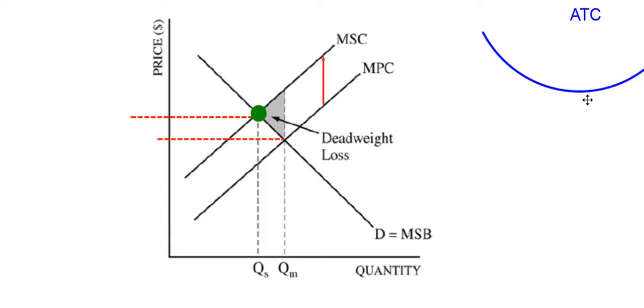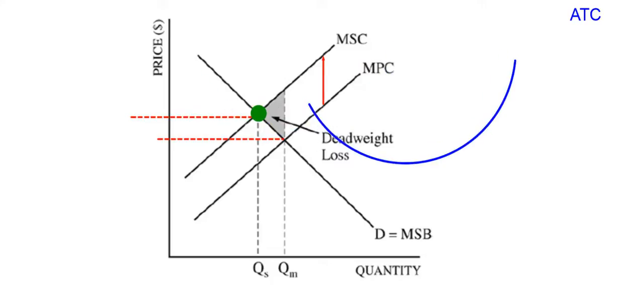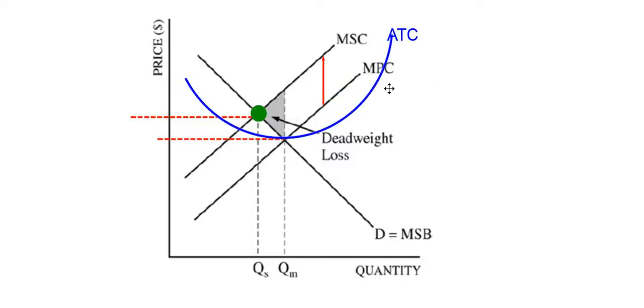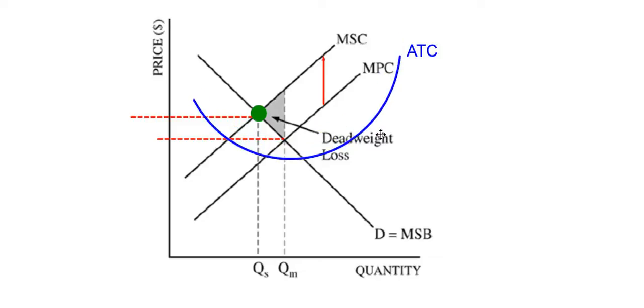Well, we don't know where this is, this is the average total cost curve. So I just kind of drew a random average total cost curve here, and we don't know where this is at all. But what we do know is that if the government imposes a lump sum tax, wherever we started with this average total cost curve, it's going to go up.